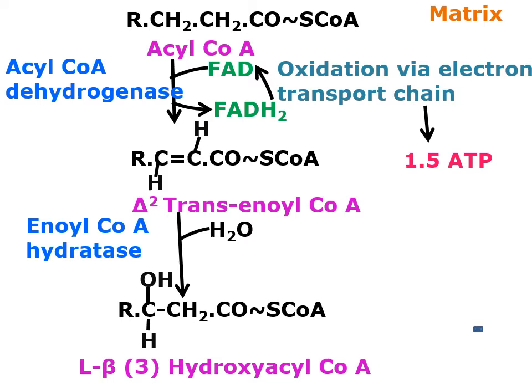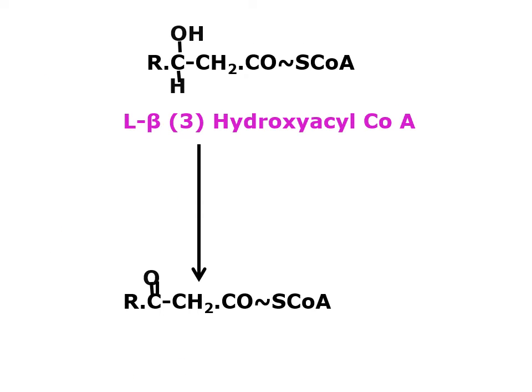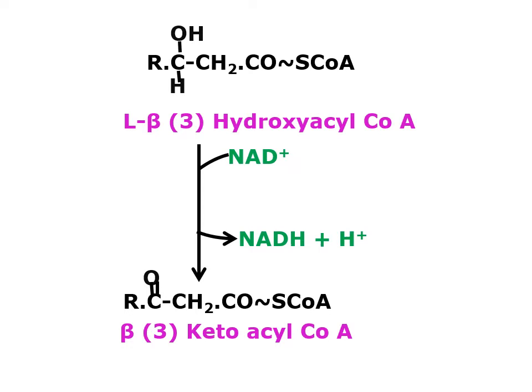Whenever OH and H are attached to the same carbon atom, they are unstable. So immediately hydrogen is removed from these two, creating a keto group at the beta position. The hydrogen removed is taken up by NAD, getting converted to NADH. So what is removed?